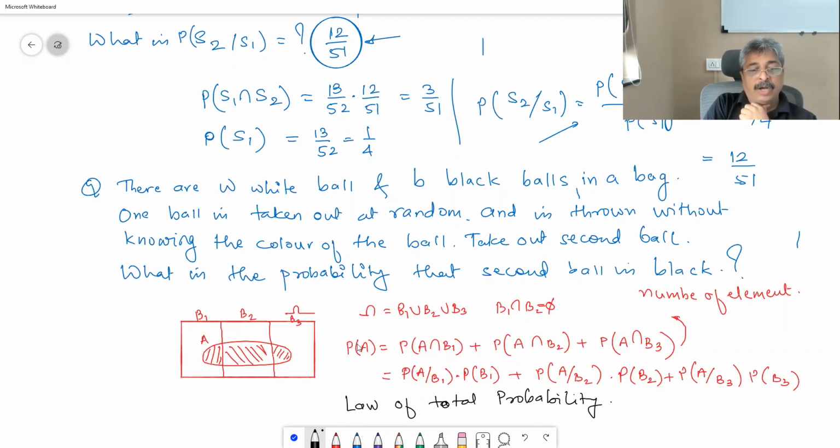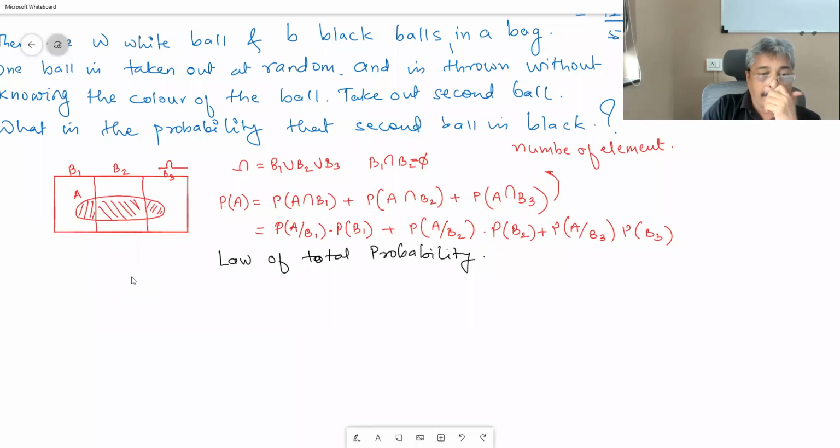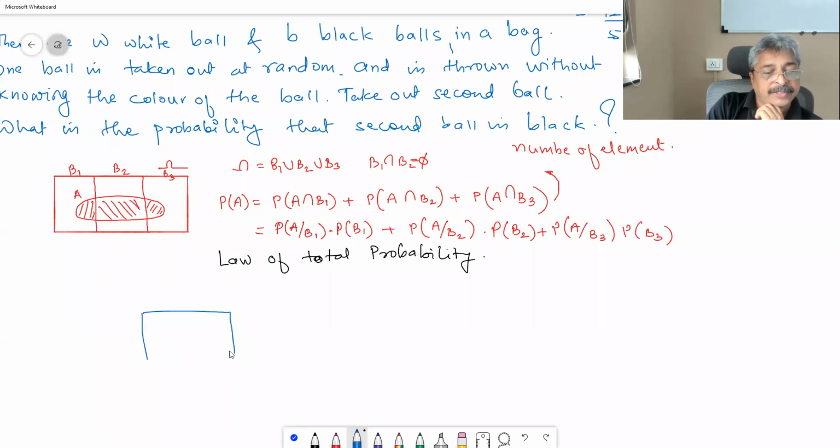Okay, and now how is it going to be useful to us in solving the above problem? It is simple. Now let me make the diagram for the above problem in blue, because we are solving the blue problem. There are only two events in the omega space. This event is first ball is black, and this event is first ball is white.